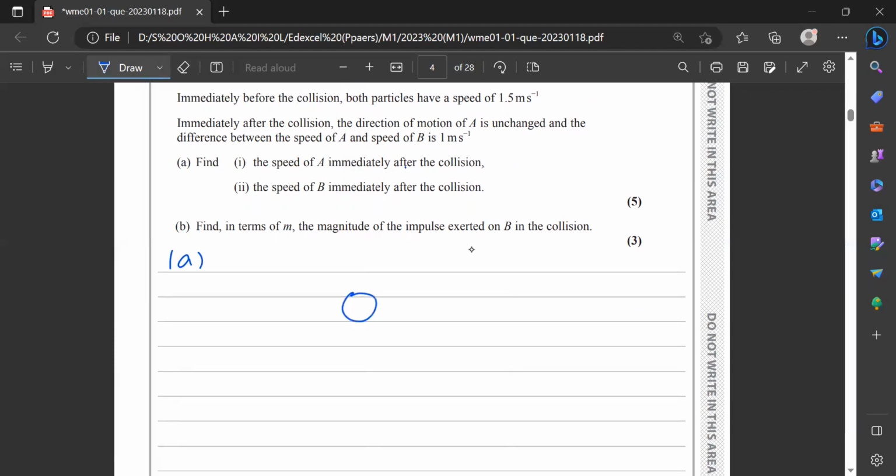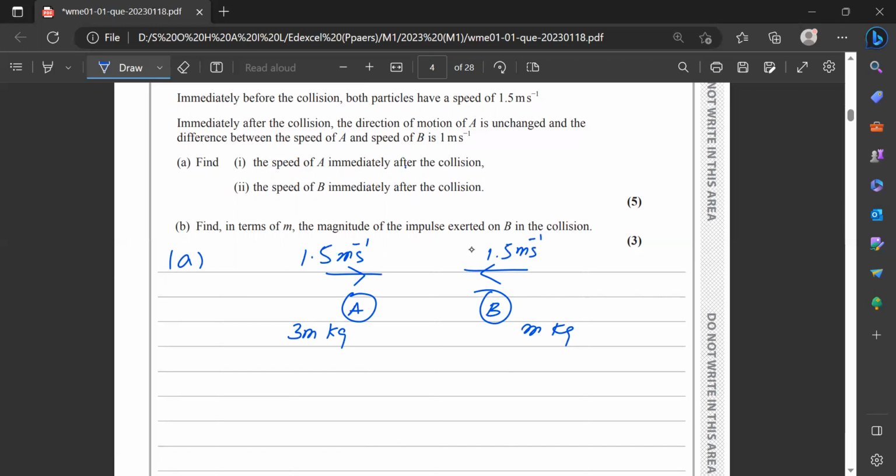There are two particles A and B, and these two are moving towards each other. So this is A and this is B. This has a mass 3m kg. This is m kg, moving towards each other. Immediately before the collision, it was moving with 1.5 meters per second and 1.5 meters per second.